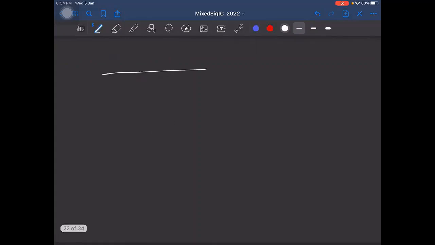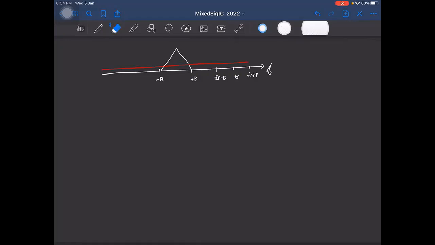Right. So this is the frequency axis. So let's say this is minus B and plus B. Here is my signal. Okay. And we saw that this is the broadband noise. Well, the frequencies from which the noise can alias back is this, right? Fs minus B to Fs plus B. This is the first band of frequencies from which noise can alias back, right? And we'll have other multiples of Fs as well.